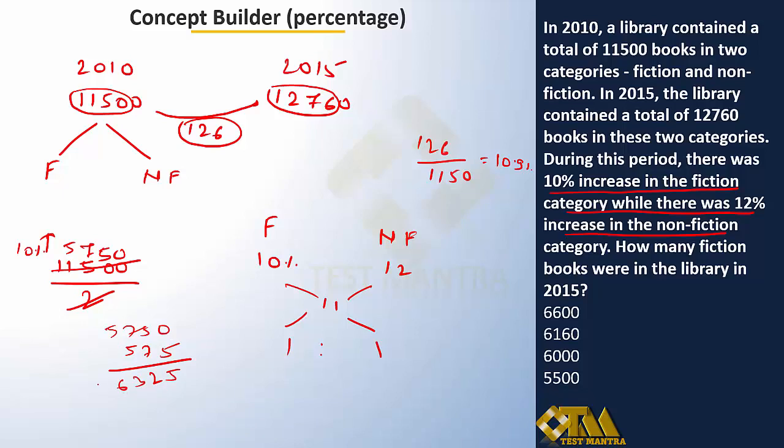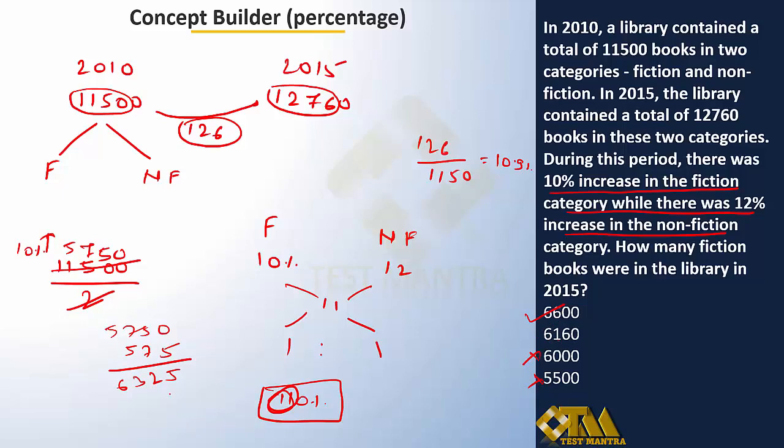That means it should be slightly more than 6325, and a value slightly more than 6325 is 6600 here. Second thing is I'm increasing it by 10%, so the overall value is about 110%. Can I say my value should be a multiple of 11 here? If it's a multiple of 11, 6000 cannot be the answer, so it should be more than 6000. I am stuck between 6600 and 6160 here.